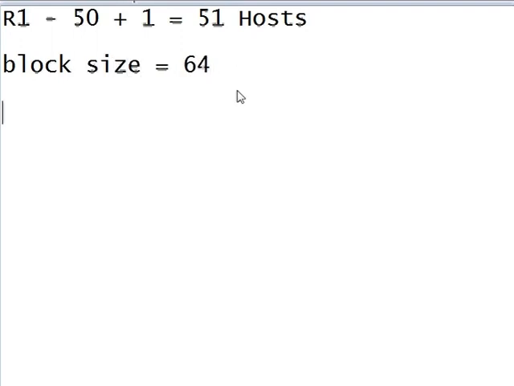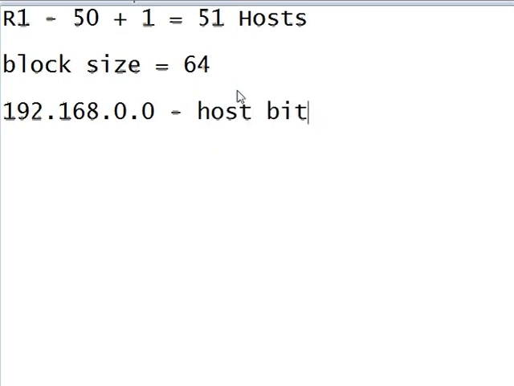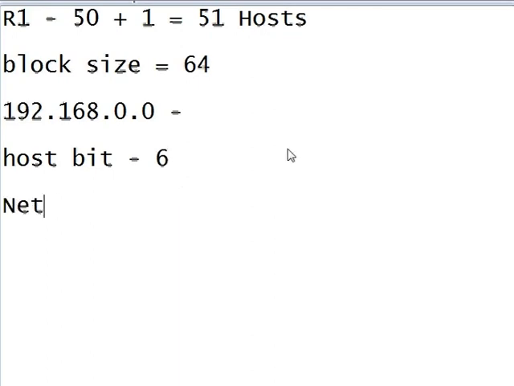Now initially I have been given the network 192.168.0.0. When the block size is 64, that means 2 to the power 6. That means I have calculated the host bits as 6. When the host bits are 6, my network bits will be 32 minus 6, which is 26.